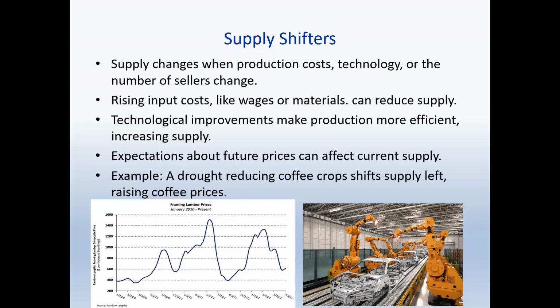At the bottom left, we see the cost of framing lumber. And during the COVID-19 pandemic back in 2020, we saw a jump in the price of lumber. That was the national hump in a circle. And again, the same thing happened in 2021 as we had shortages in logistics.